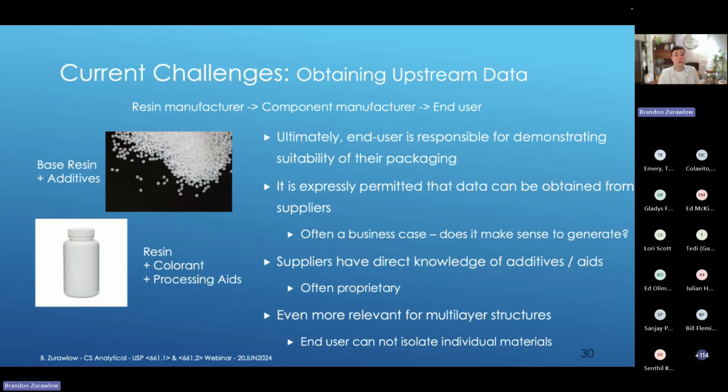And so this is even more relevant, as I had previously mentioned, for those multi-layer structures, where as an end user, it is impossible for me to isolate that specific material from the broader multi-layer structure. And so I've seen over the years some challenges in getting insight into that upstream process when we're all the way at the end use case on the resin, on the component, and any additives or materials that are used along with it.